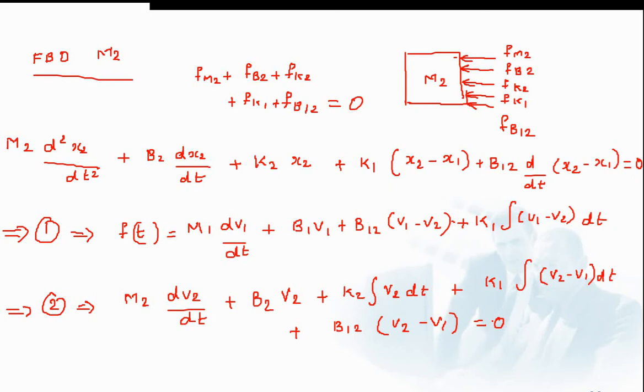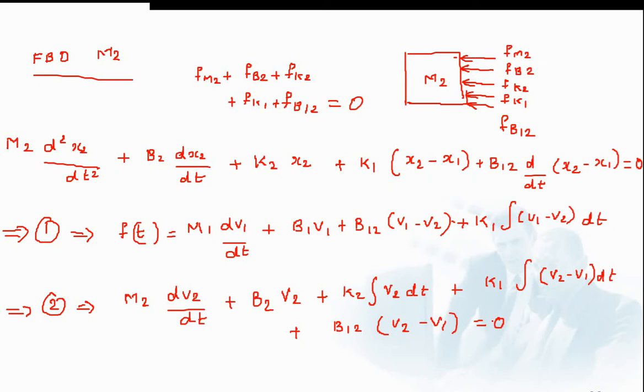So this is the first step of doing the problem, that is to get the system equation in terms of velocity. So what is velocity here? V1 and V2 are the outputs of the system. Okay, the f of t, force, is the input of the system, and velocity V1 and velocity V2 are the outputs of the system.